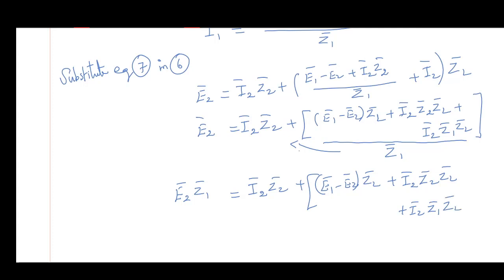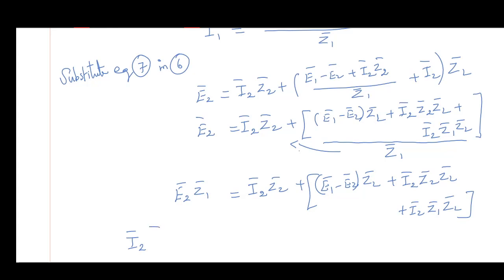So now take all the I2 components to one side. Bring the I2 component to the left side and the other components to the right side, so that I2 vector can be brought back here.